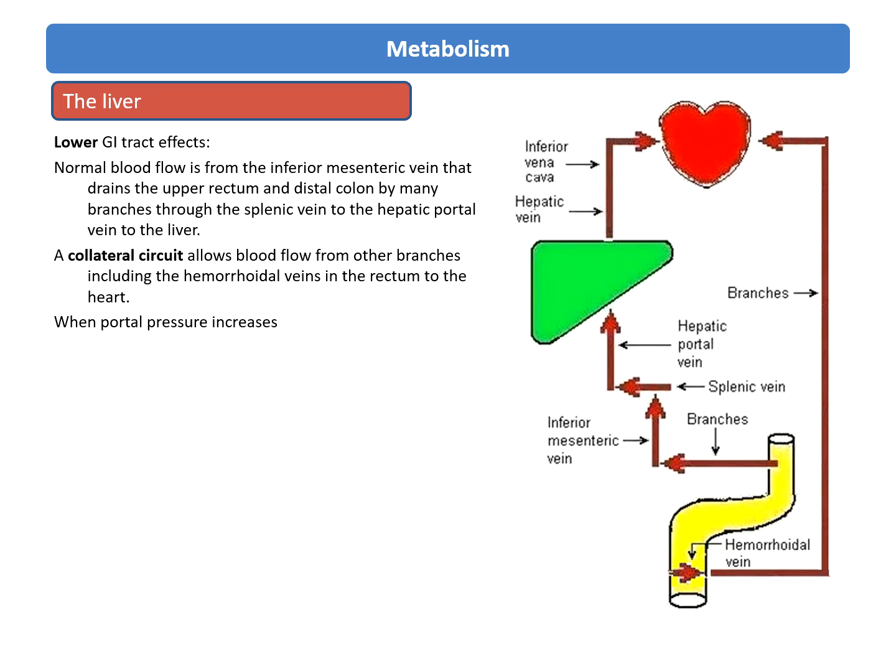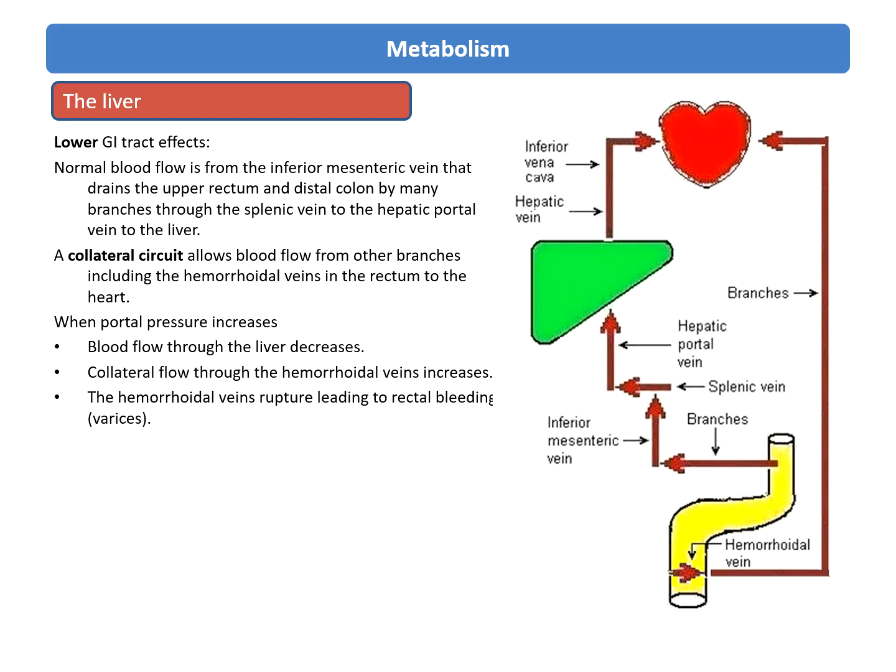When portal pressure increases, blood flow through the liver decreases. The lateral flow through the hemorrhoidal veins increases. The hemorrhoidal veins rupture, leading to rectal bleeding, rectal varices. This is another consequence of long-term alcoholism.